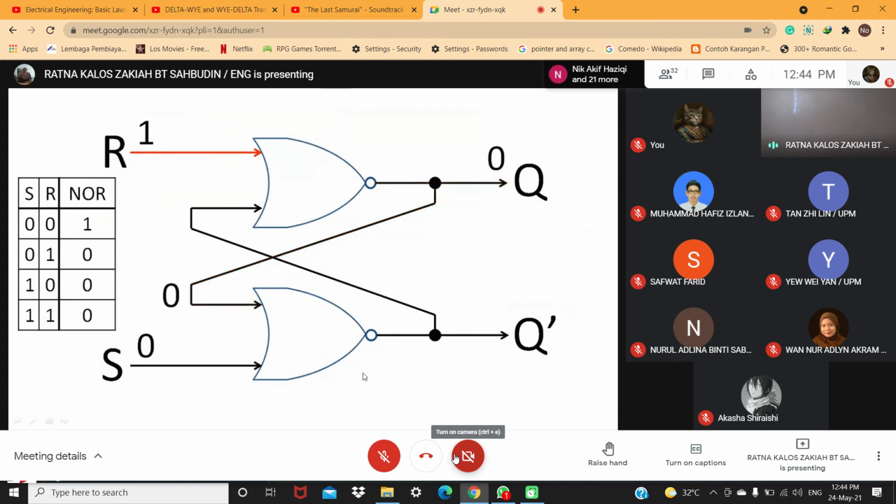Because both the state and S are 0, Q prime will be 1. Finally, let's change S back to 1. Because both R and S are 1, the state and its complement are now both 0. Since we do not want the state and its complement to be equivalent, we say that this input combination is forbidden.